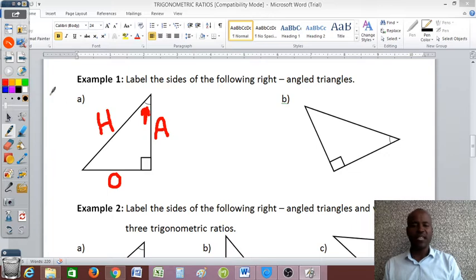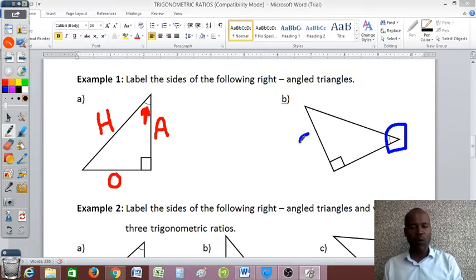Now let us see the second one. So as we did for example A, in this example B, again this angle is given. As you can see, this is the arc. The arc shows that this angle is given. This angle is known. It is the right angle for this right-angled triangle, so the given angle is this one. So using this angle, let us label these three sides. As we did for A, the side which is opposite to this angle is the opposite side.